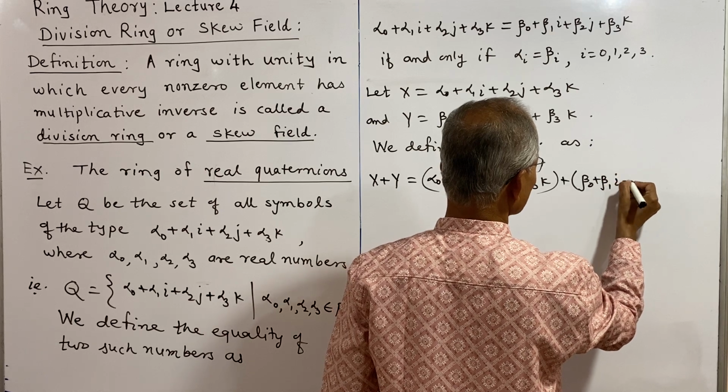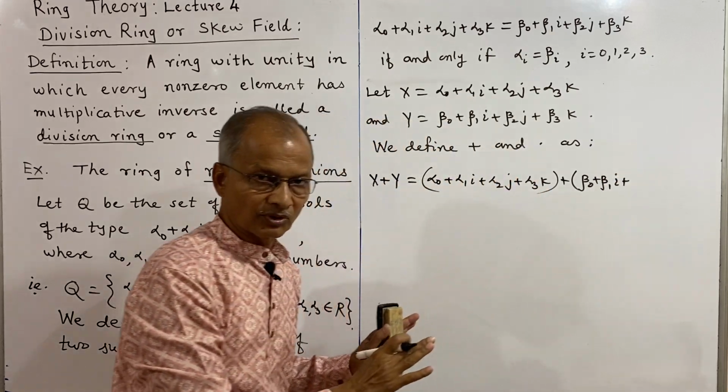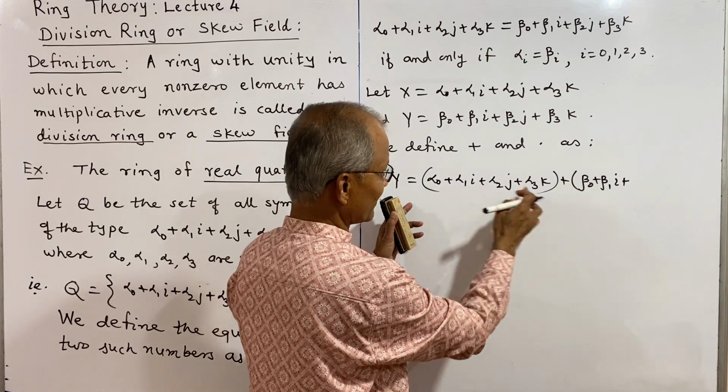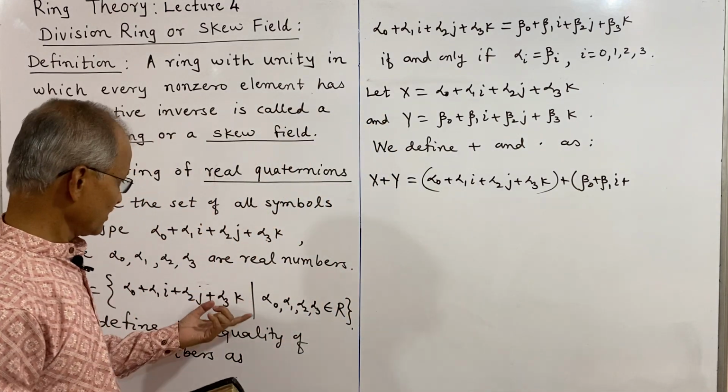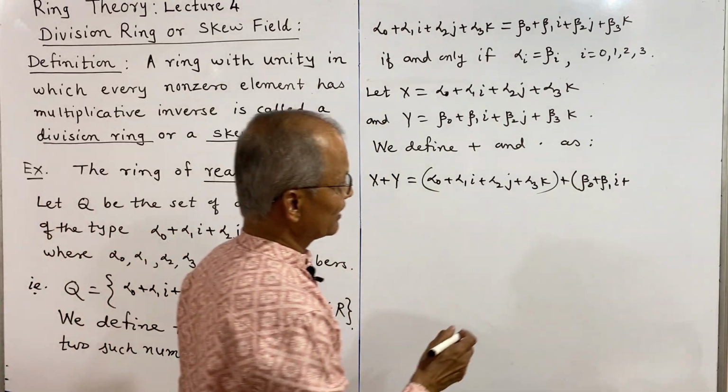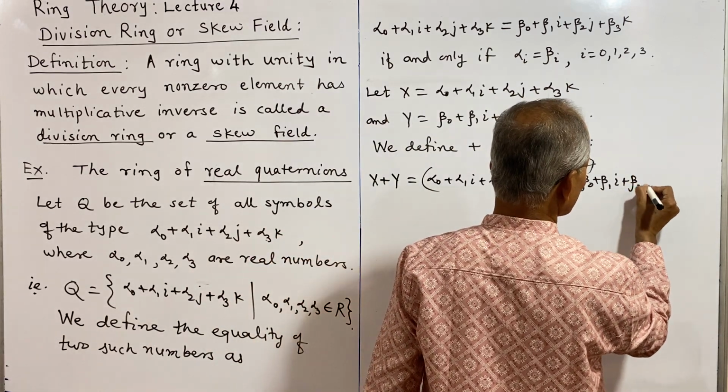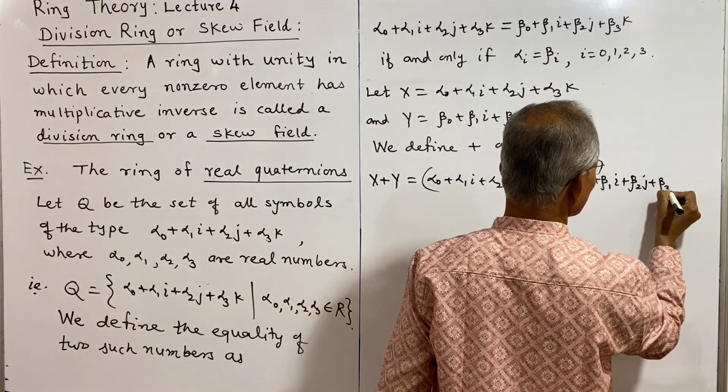Each number has four parts, components of this kind. These are different real numbers: beta naught plus beta 1 I, beta 2 j plus beta 3 k.